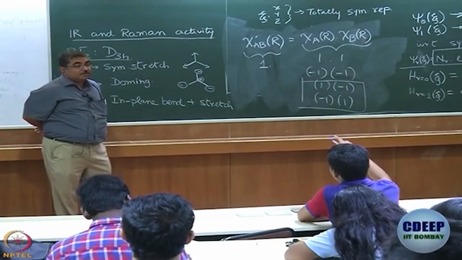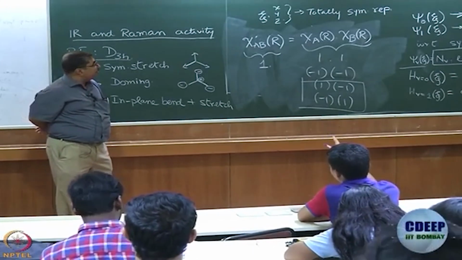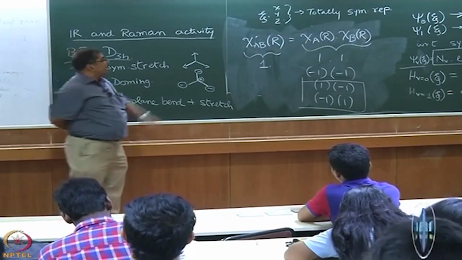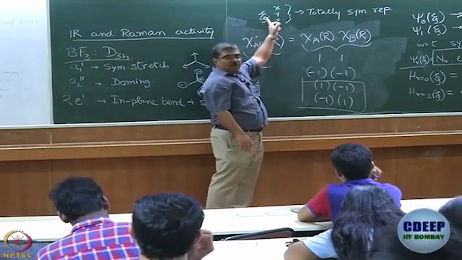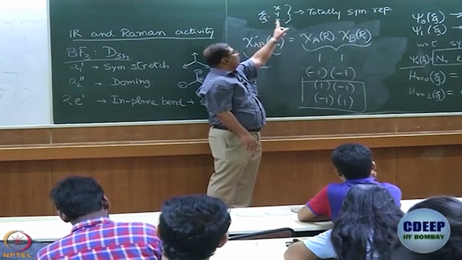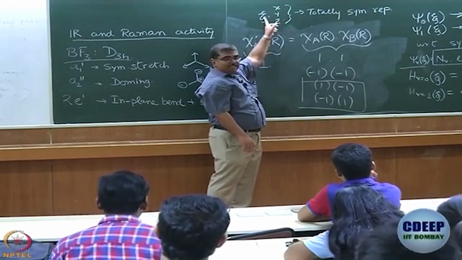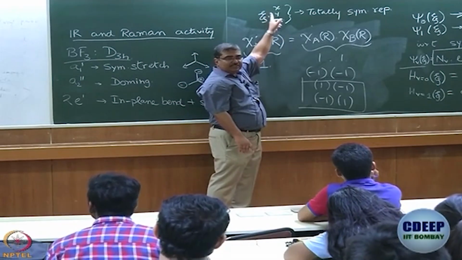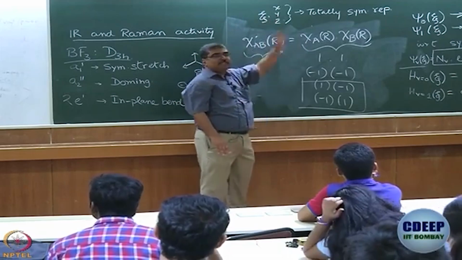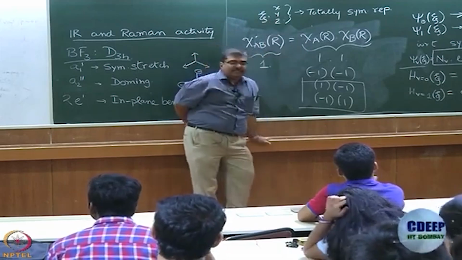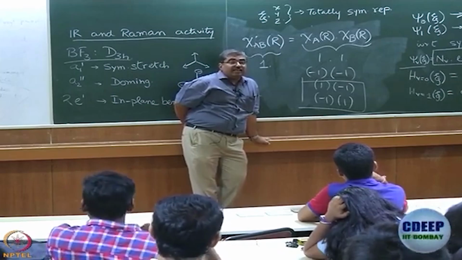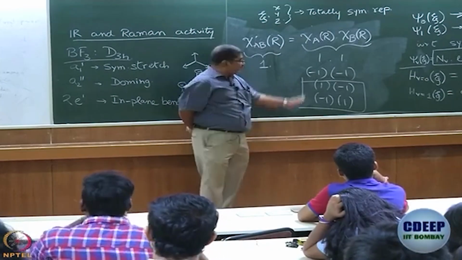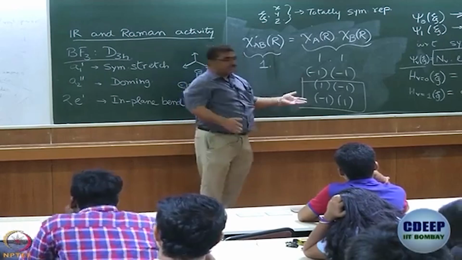I said that product of x with xi, where xi is a normal mode, or y with xi, or of z with xi, one of these direct products must contain the totally symmetric representation. That is what I said. Not necessary that all do. If this is the case, see what have we shown? That they have to belong to the same symmetry species.